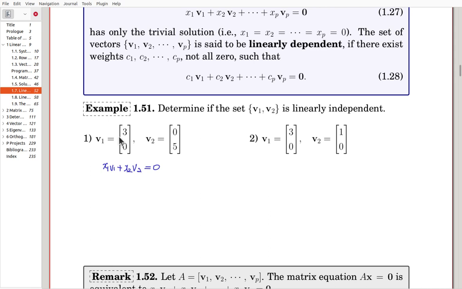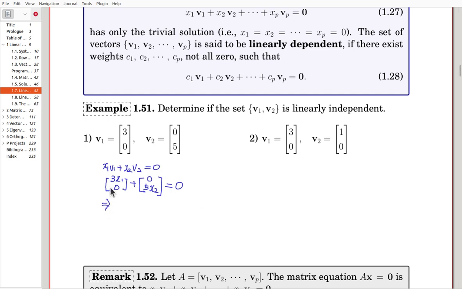If x1 is multiplied here, then the vector becomes 3x1 and 0. For the second part, x2 is multiplied, then that will become 0 and 5 x2. So that's the 0.